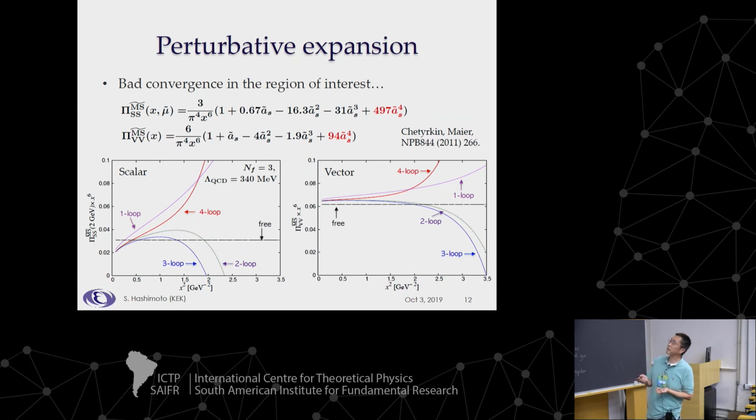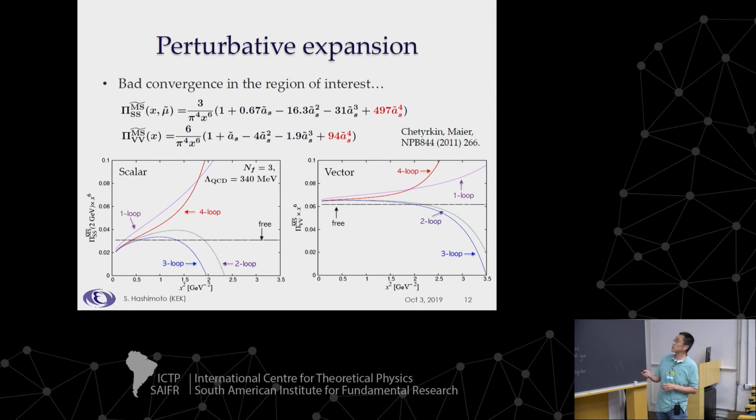That is given here for the scalar and vector cases. And it's written for the MS-tilde scheme, that I forget what it means. Some details aside, by using this type of scheme, the convergence of the perturbation theory is not very nice.